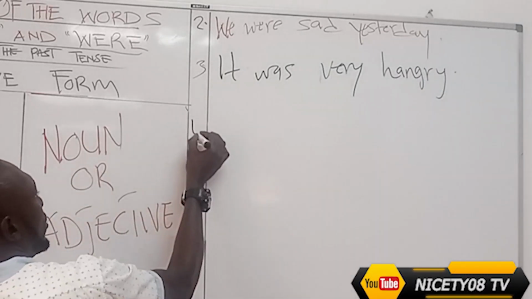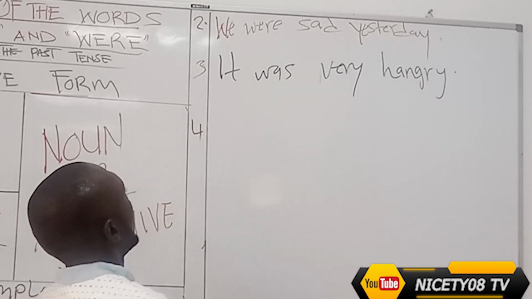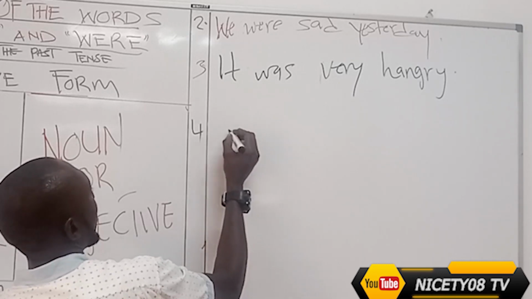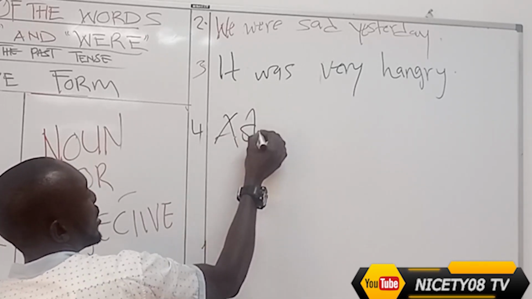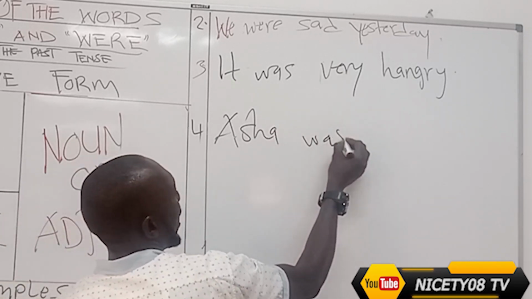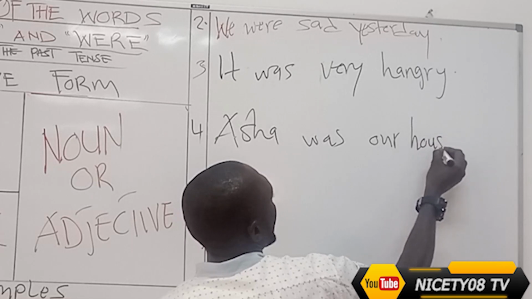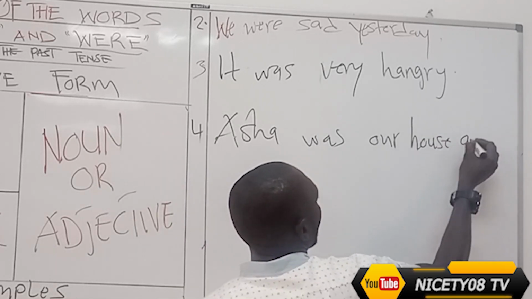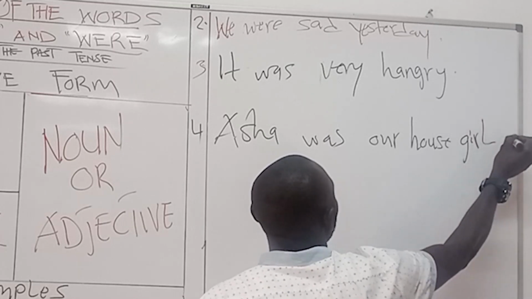Number four, let's say Asha. Asha was our house girl. House girl. All right.